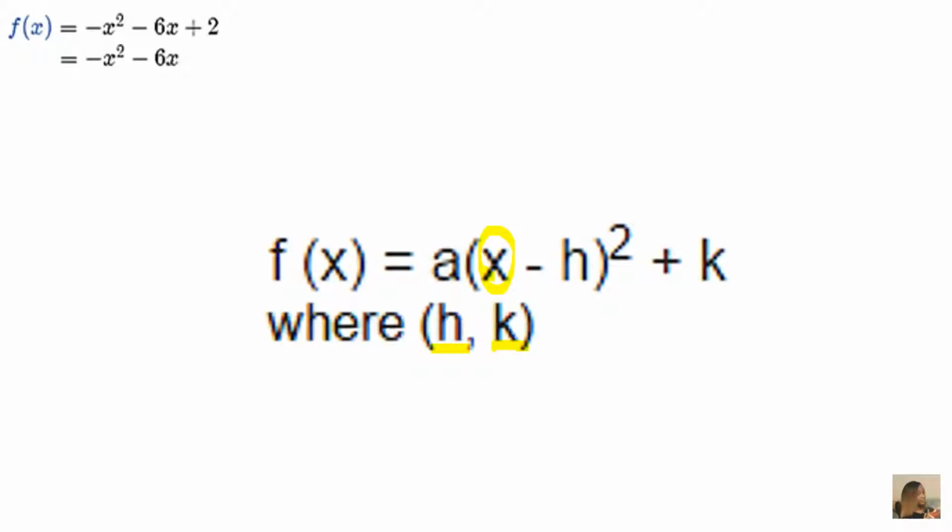We have here a negative x squared minus 6x. Okay, so now we want to know what two numbers will give us -6 when we add them, and what their product is in order for this to be a perfect square, okay?